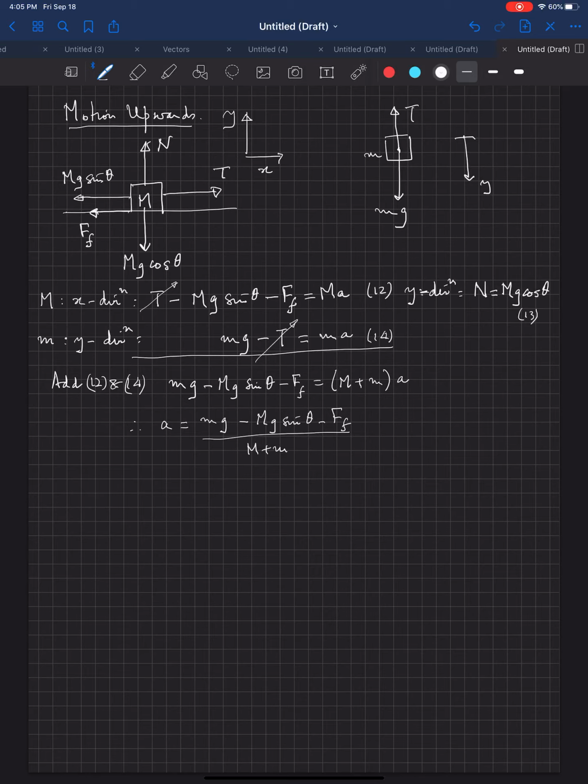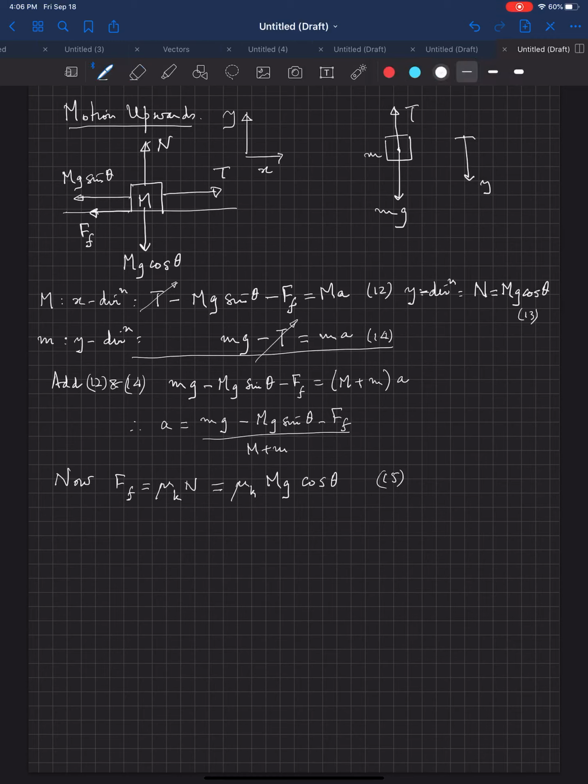Now once again we know ff is mu k n, just like before, and n of course is mg cosine theta from 13, so this becomes mu k mg cosine theta. Let me call this 15.